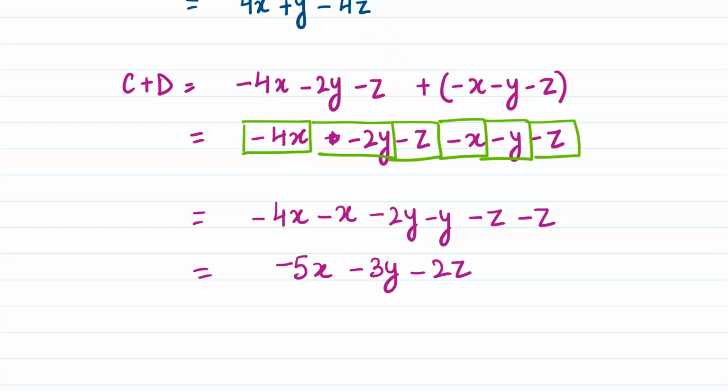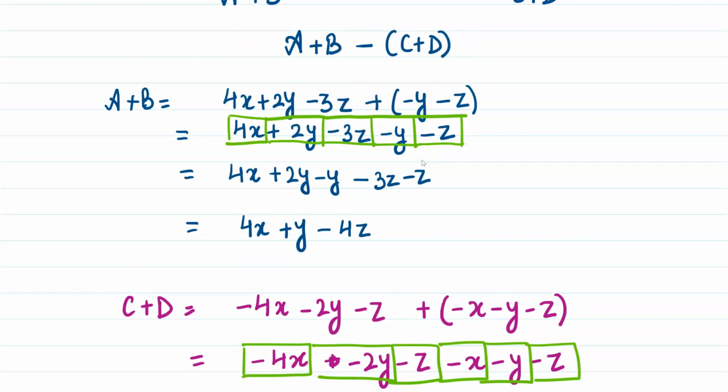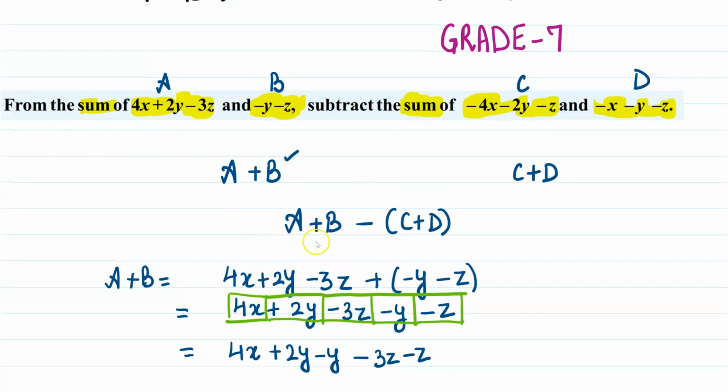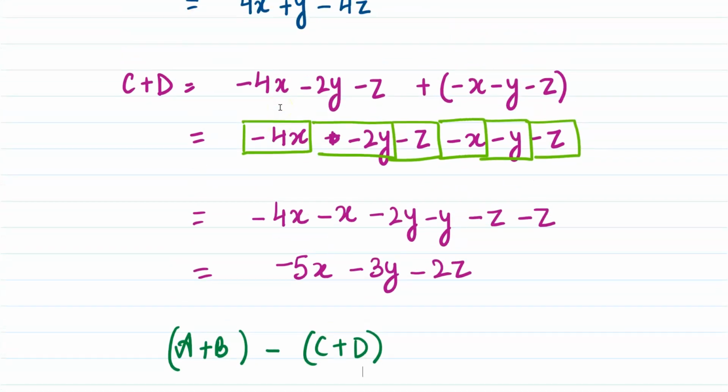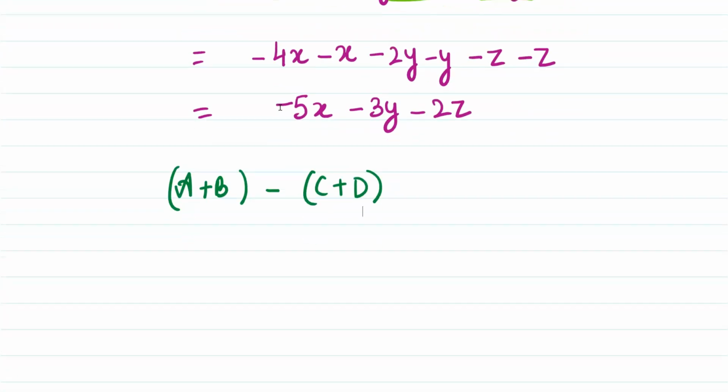So we earlier discussed that from the sum of A and B we have to take away the sum of C and D. So let's do that. From A plus B we have to take away the sum of C plus D. So how much is A plus B?